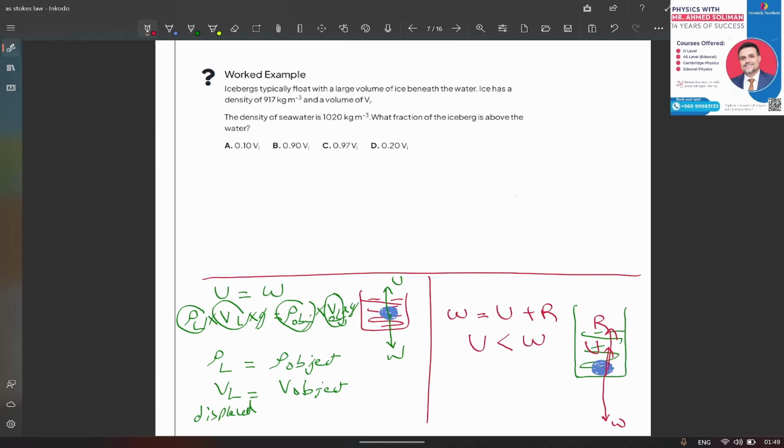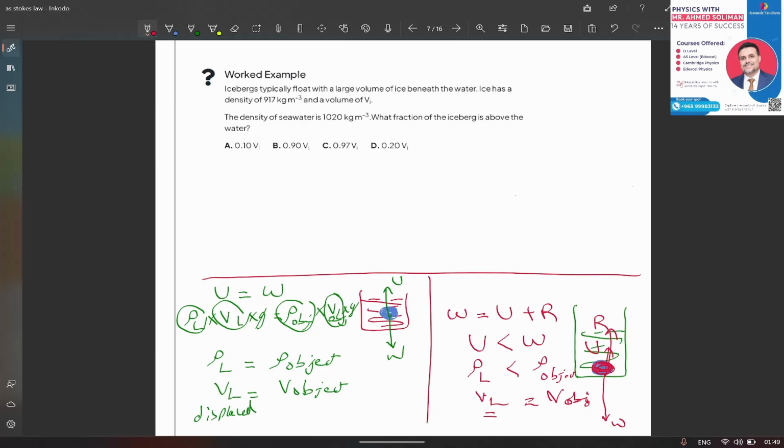What does it mean? Again, it means density of liquid will be smaller than density of object. In this case, we can talk about the volume, because volume of liquid displaced is still equal to volume of object, totally submerged.